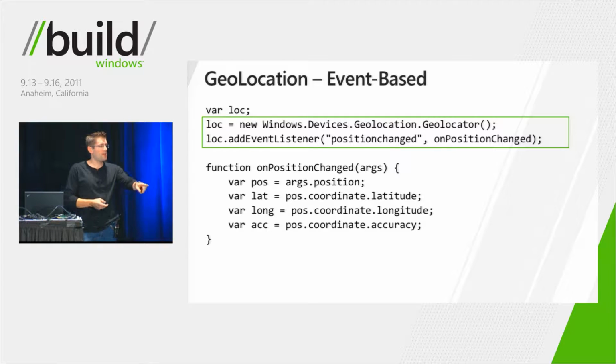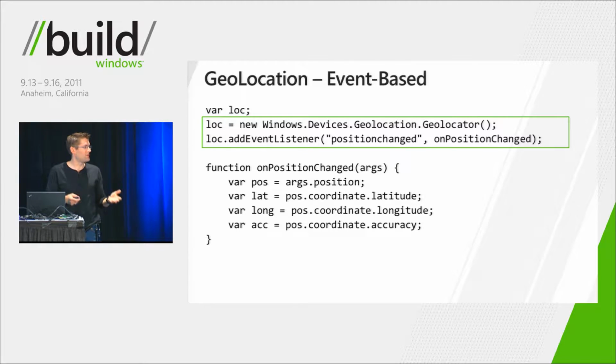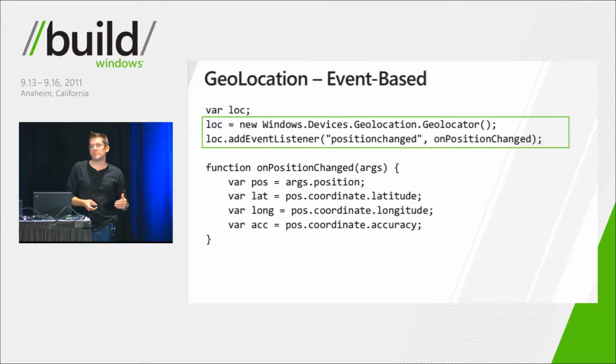So here, what I'm showing is responding in the onPositionChanged event listener to the user's position changing. And it's pretty much the same pattern here. We have an event args parameter that gets passed, and we can access the position and the corresponding data members that are exposed there. So, two different ways to access location for two different interaction models.